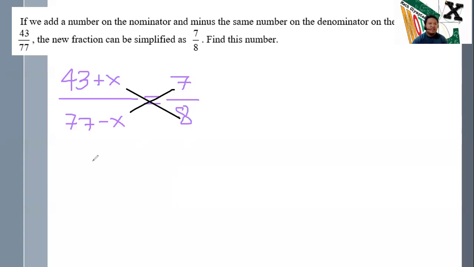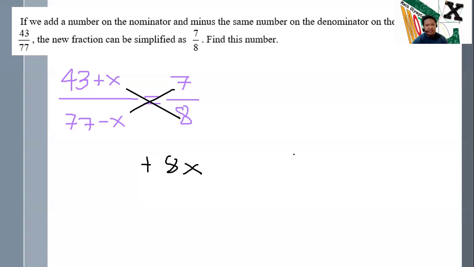Cross multiplication for this. So 43 times 8, that will give us 344, plus 8x. Wait, 43 times 8 by cross multiplication will give us 344 plus 8x.